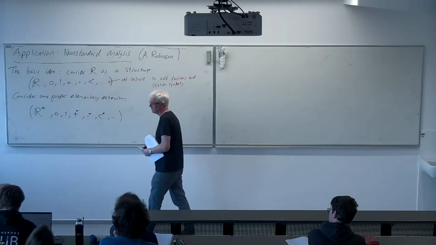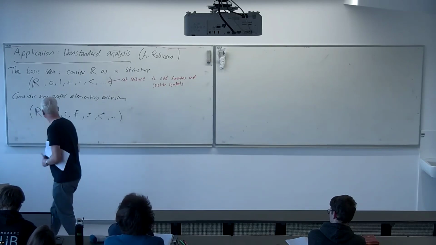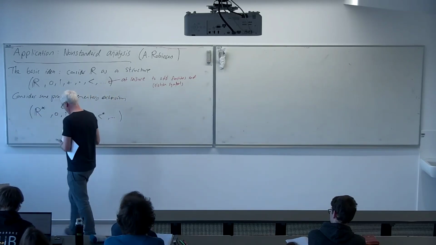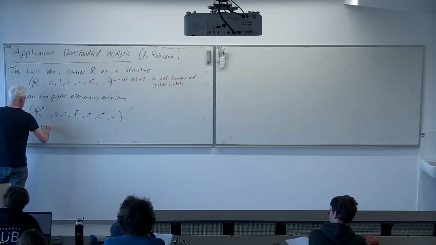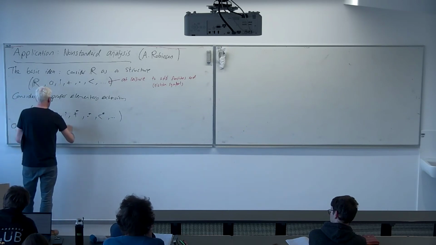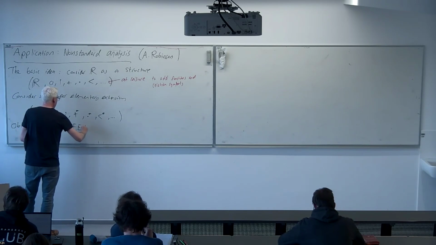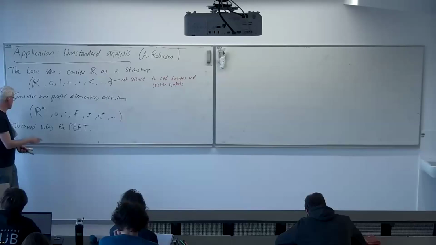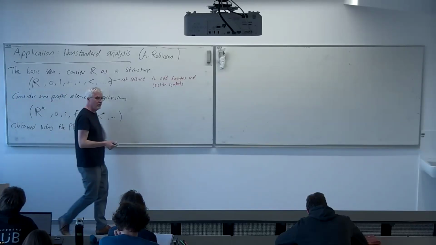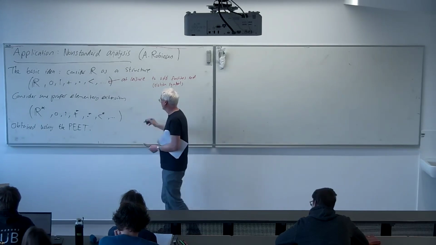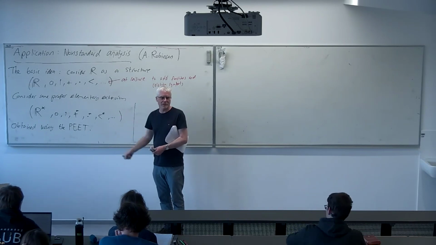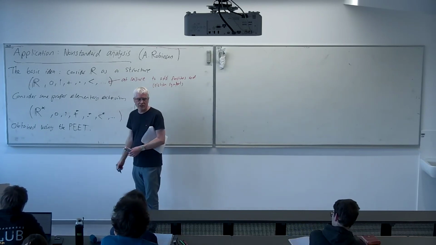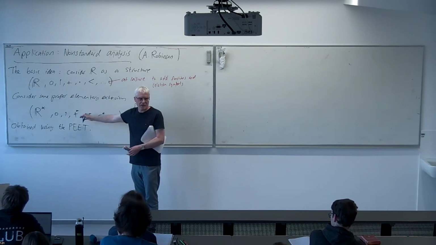Before going on, we just say we've obtained this using the proper elementary extension theorem from the start of the lecture. But actually, in books on non-standard analysis, often a different approach is taken. Rather than a hammer of a theorem that just expands the structure, they use an explicit construction of such an R star.